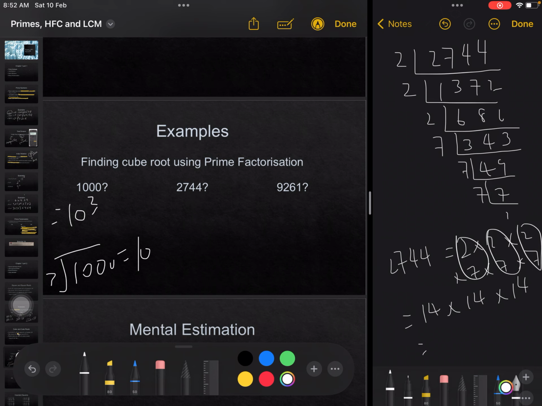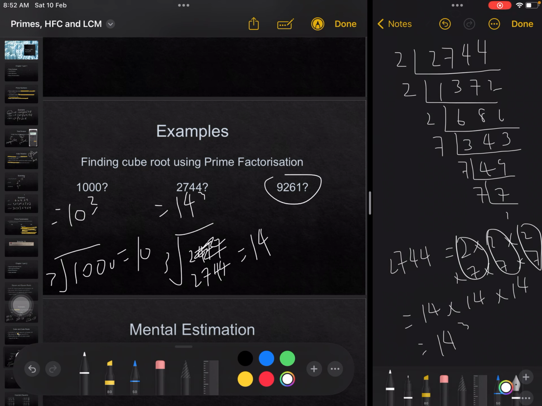So equal to 14 cube, and then cube root of 2744 equal to 14. Can we leave the last number for you all to try it out?